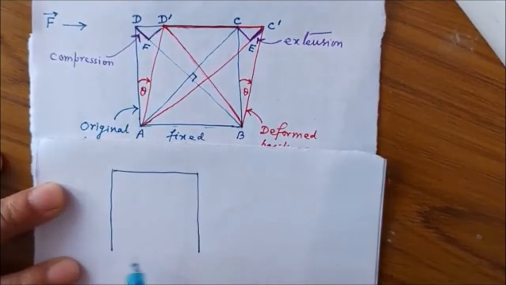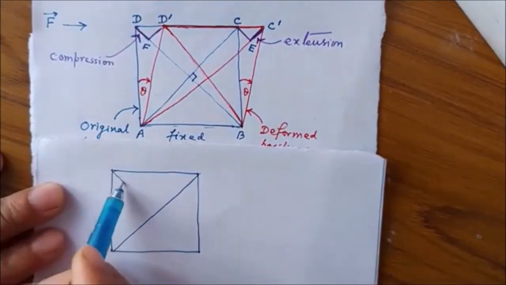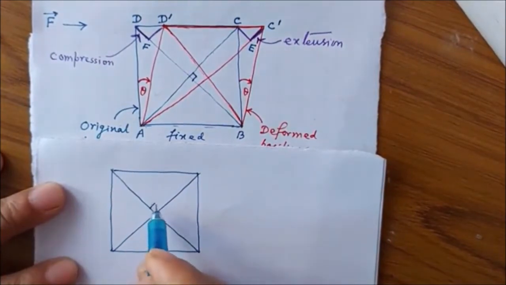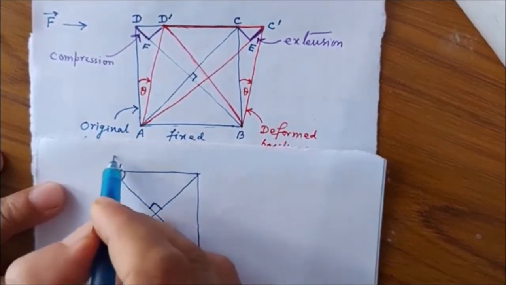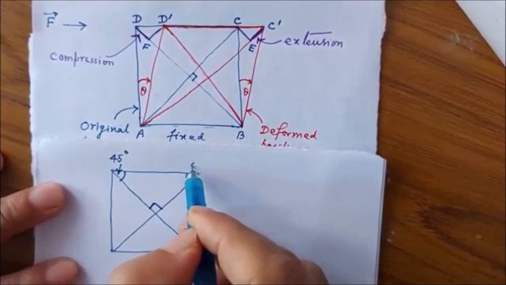So this was the square, original square, and these are the diagonals, and they are perpendicular. So this angle is 90 degrees, and obviously this angle is 45 degrees, and so is this one.